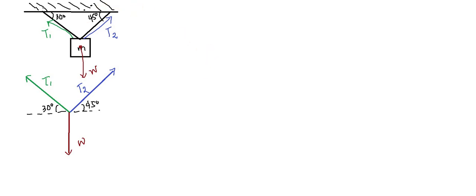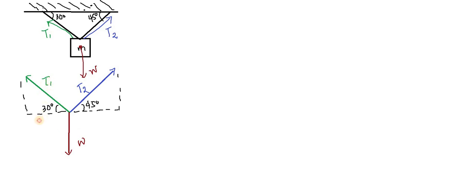Because we have these angles, if we form the triangle here, we form a right triangle, right? So we can now write the components of this vector. Let's have first the T1.